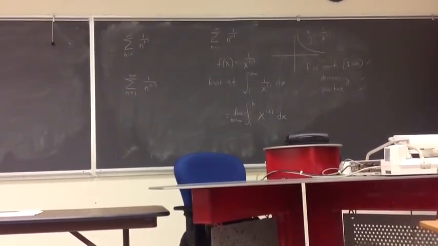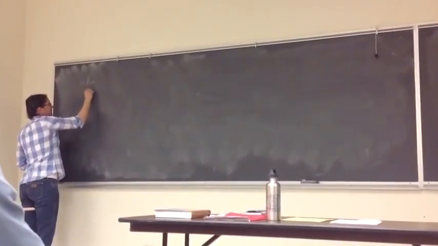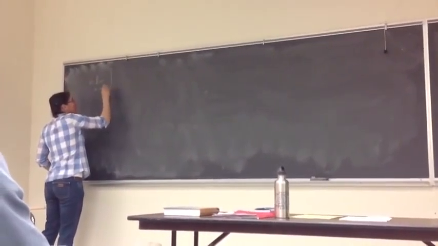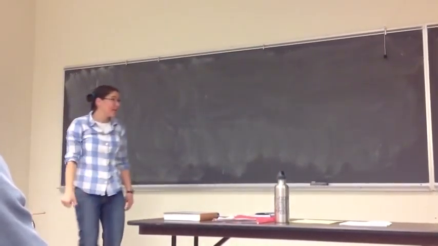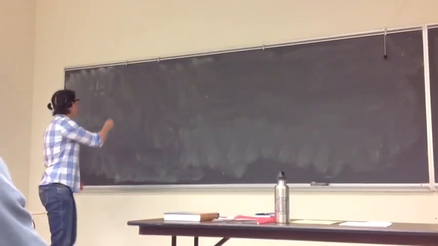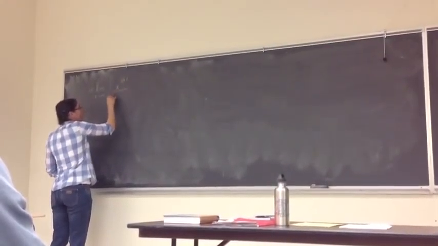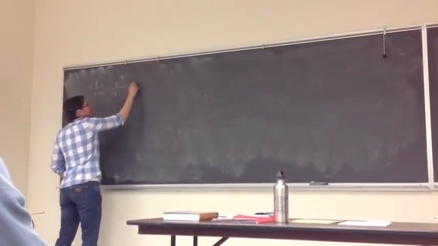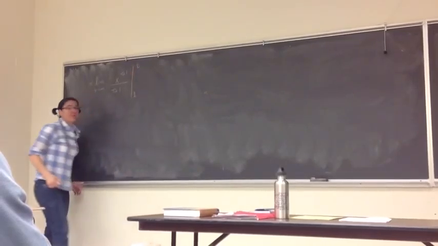And so now when we find our antiderivative, once we take our antiderivative, we add 1 to the power. So we have x raised to the negative 0.1 divided by negative 0.1. And then we can evaluate that between 1 and b.